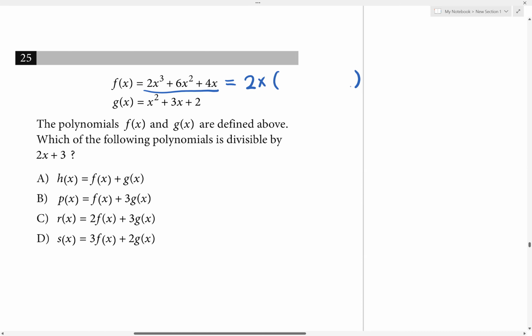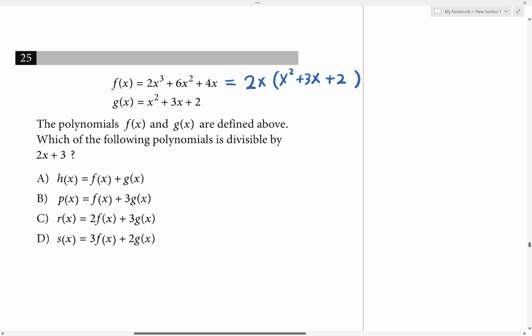Then what we have left here, we have x squared for the first one. And then the second term, we have a 3x left. And for the last term, the 4x, if we divide out 2x, we get plus 2. Okay, so this is what we have after we take out the common factor. So recognize this x squared plus 3x plus 2.